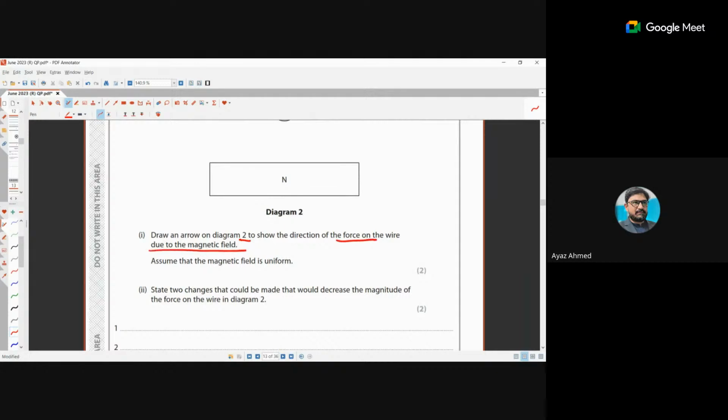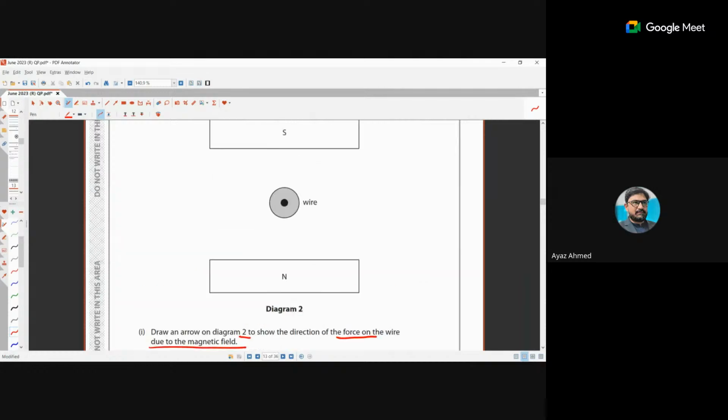For this purpose, you have to apply Fleming's left hand rule. Point your hand in the direction of south, because the magnetic field is in the upward direction, to the top of the page. Then split your fingers, and rotate your whole arm in such a way that the current is pointing towards you. So your middle finger should be pointing towards you, and then your thumb is pointing left.